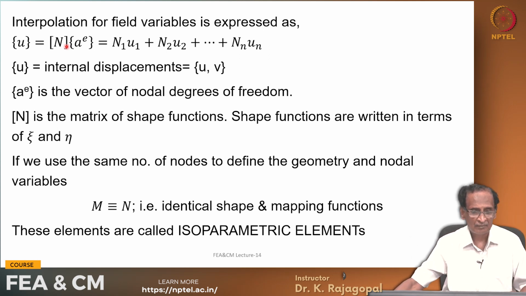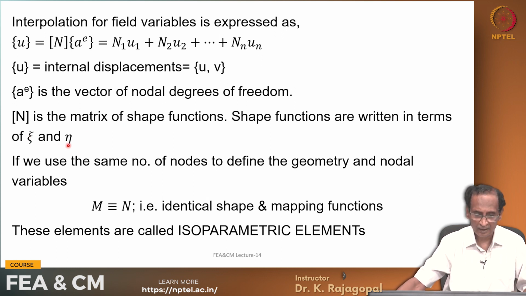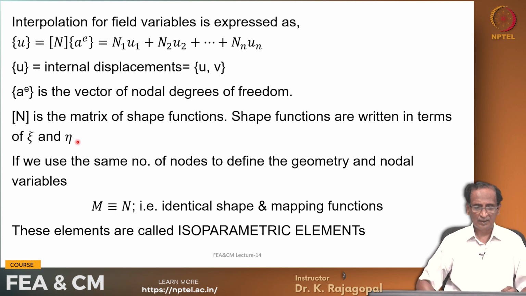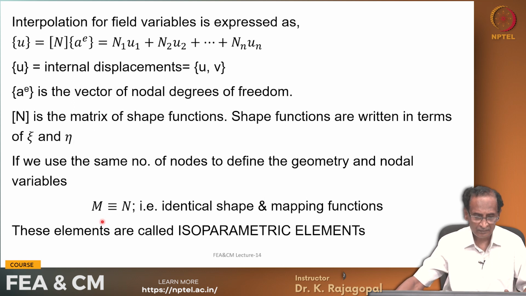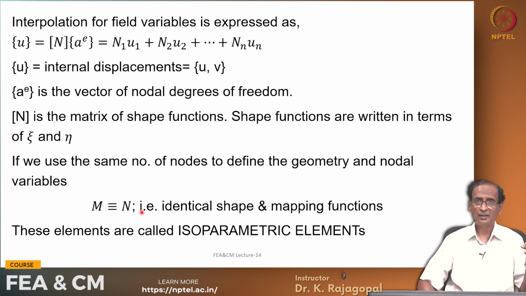Okay, and the N's are the shape functions which are written in terms of xi and eta, and if we use the same number of nodes for developing mapping and shape functions, we end up with the same functions for both mapping and shape functions, and M is exactly equal to N, and we call such elements isoparametric elements.